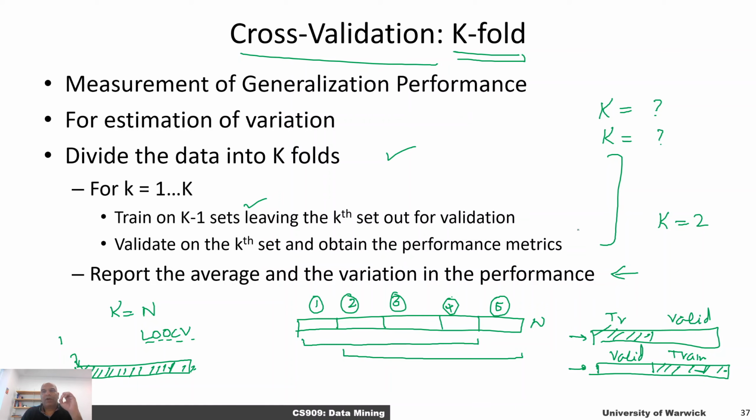I want you to think about what the impact of K is going to be on the average performance and the variation in the estimated performance for different values of K. If you use a small value of K for a given classification problem, how is that going to impact the average accuracies or average performance metric that we calculate, and how is that going to change the variation of that for different values of K?